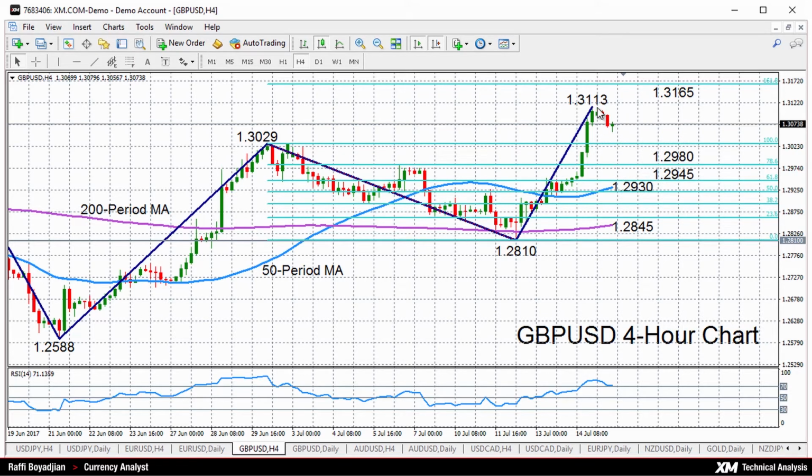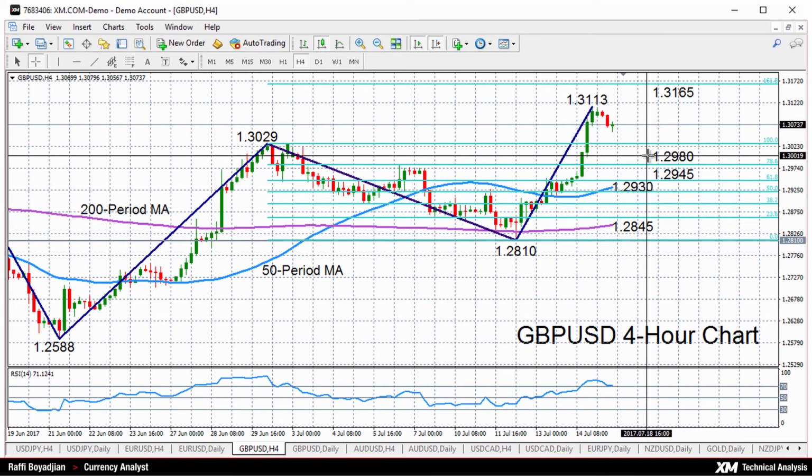If you do see fresh gains, we would probably see a reversal coming soon afterwards. But the main resistance area to watch out for is the 161.8% Fibonacci level from the down leg from 1.3029 to 1.2810. So that 161.8% Fibonacci level is at 1.3165, around about that area.